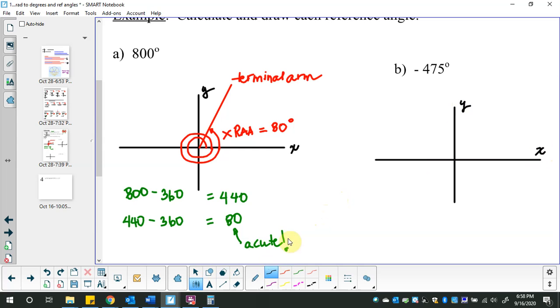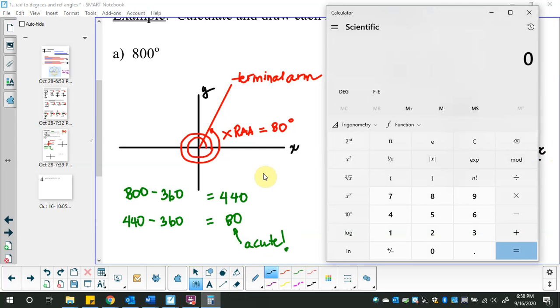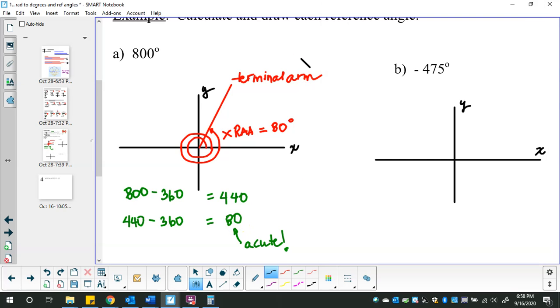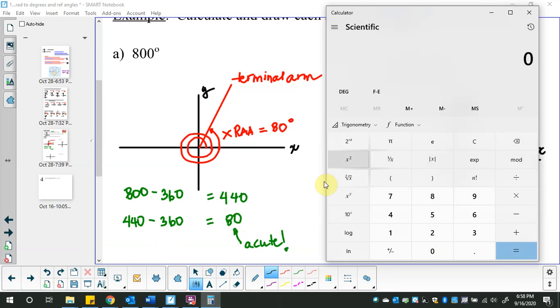All I know for sure is that if I take 475 negative and I do what we did over here in green and I minus 360 degrees, I'm going in the wrong direction. I'm making this question worse. So if it's useful to subtract 360 degrees to take you in the direction of an acute angle, then do that. But another option, the only other option, is to take the value, so in this case, negative 475 degrees, and here's the calculator.